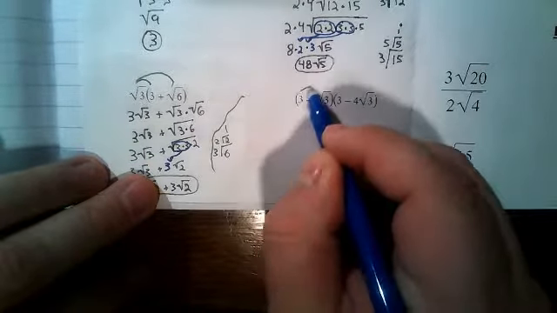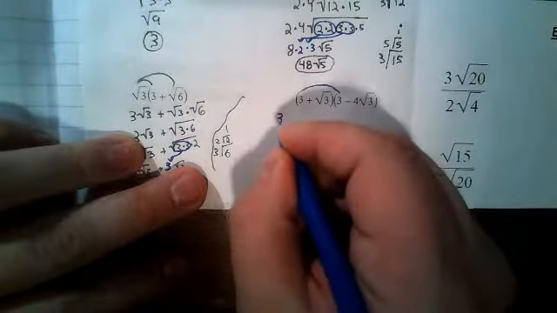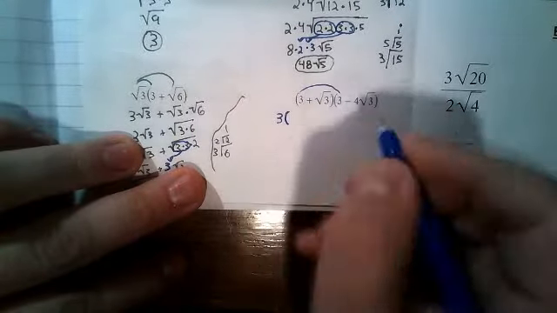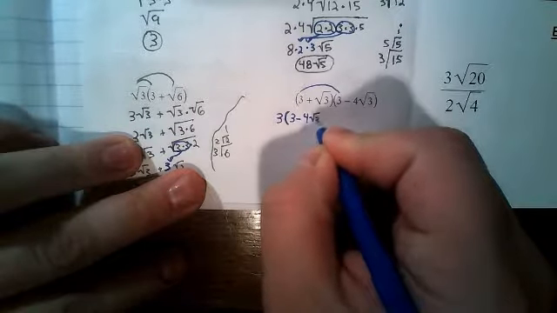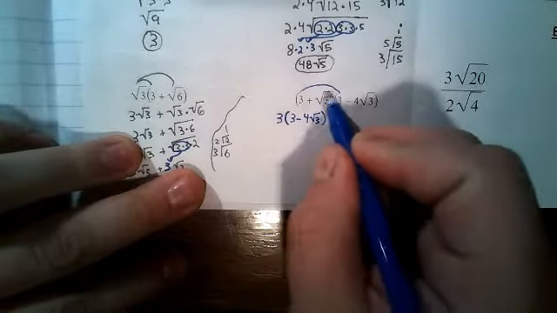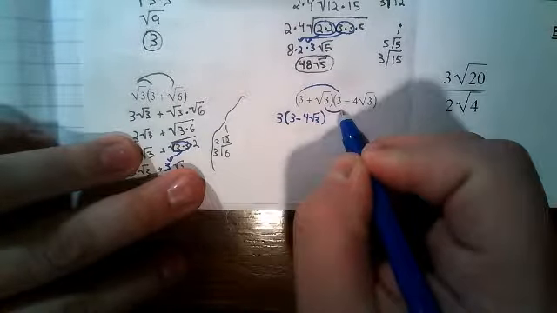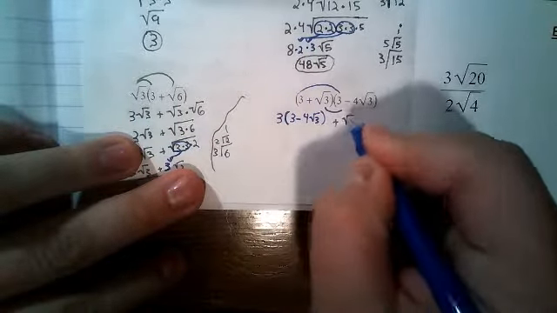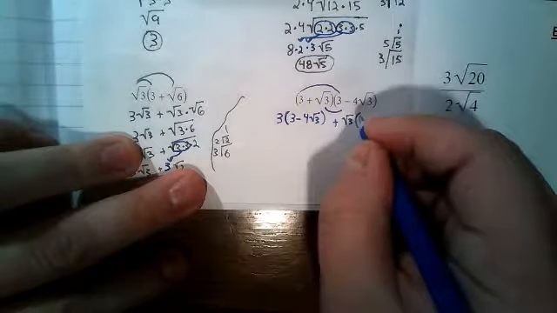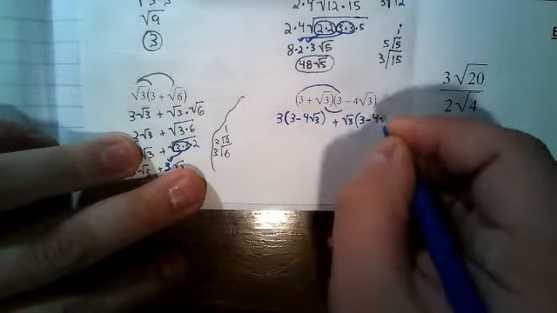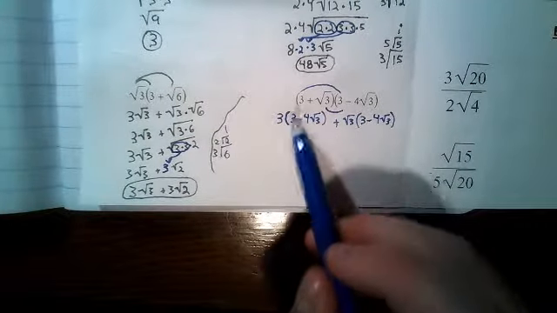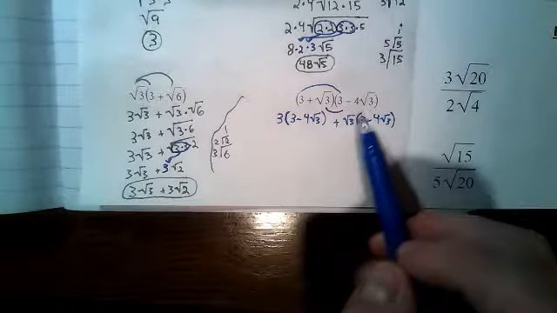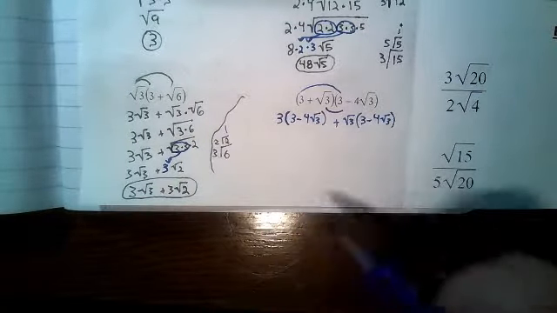Double distribution means that first I'm going to distribute in the 3 to everything in the parentheses, and then I would distribute the square root of 3 to everything in the parentheses. And you would keep going from there, right?